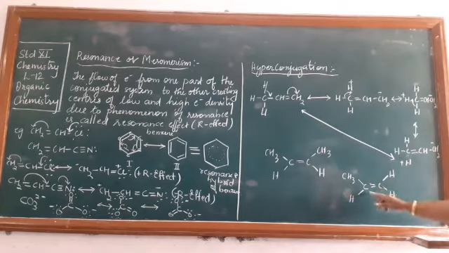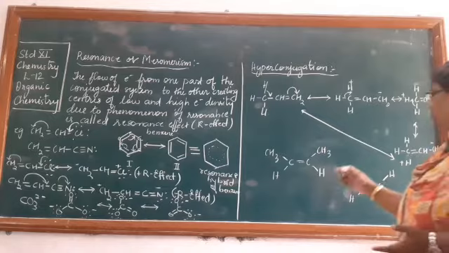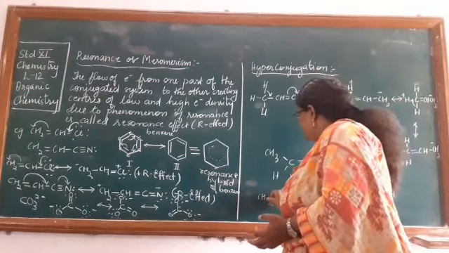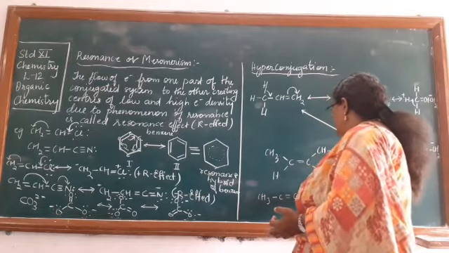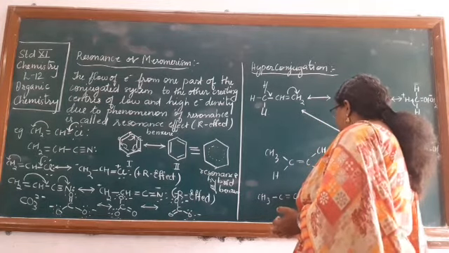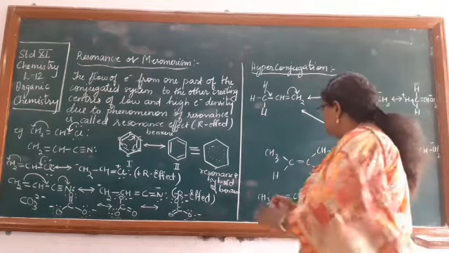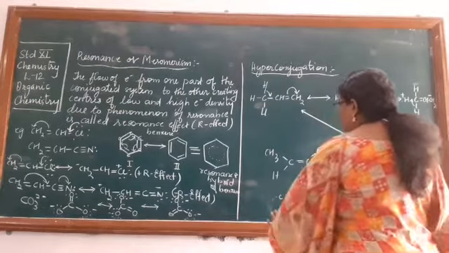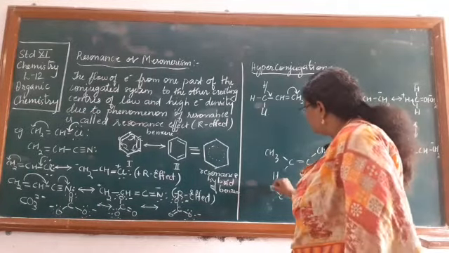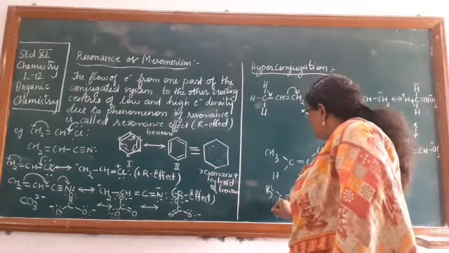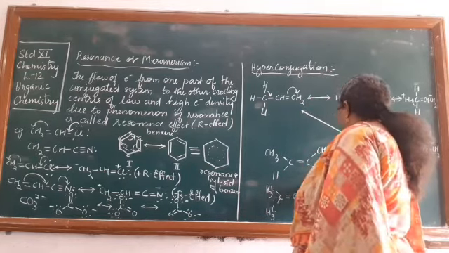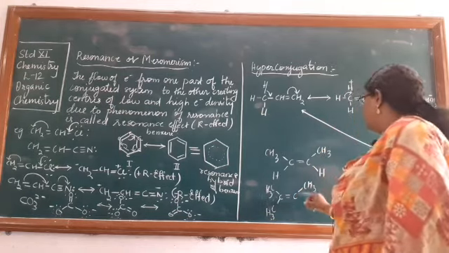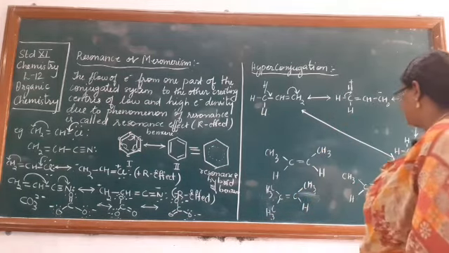Here you have CH3, C double bond, C and H. Okay, one more molecule we can take, CH3, C double bond, C, CH3, or instead of writing it this way, I will write it in a different way so that it becomes more clear to you. CH3, यहाँ पे भी CH3 है, okay, यहाँ CH3 है और यहाँ पे एक सिंगल H.